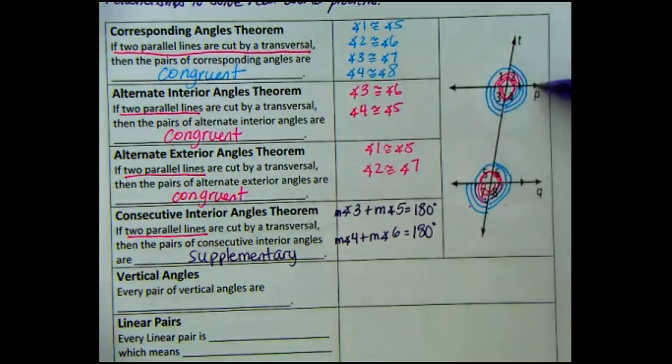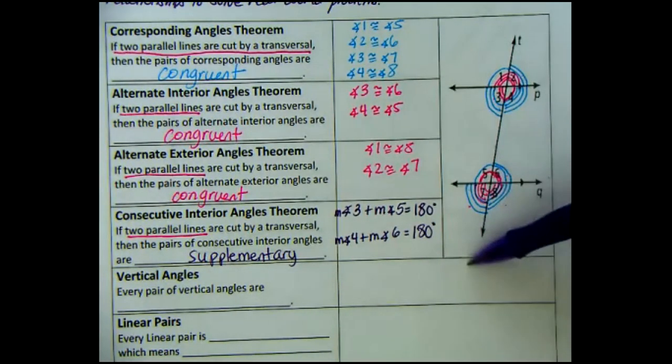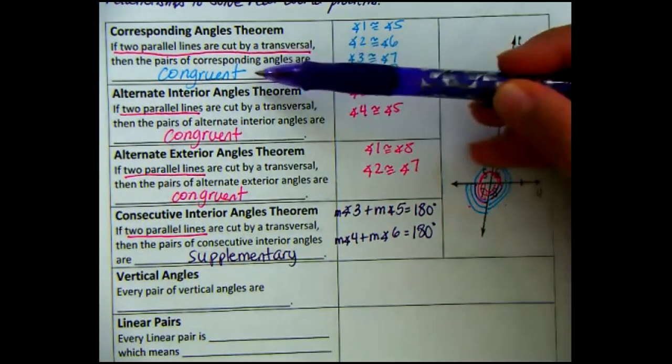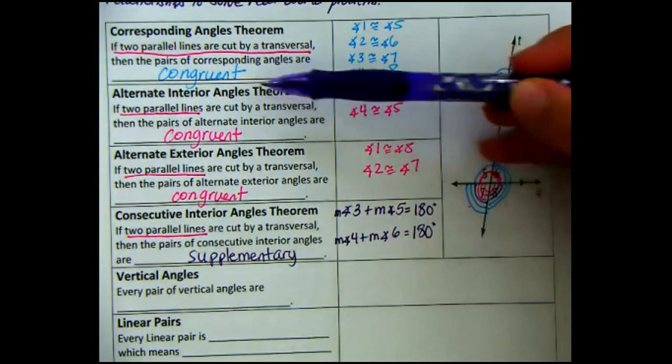Because when you have two parallel lines that are cut by a transversal, knowing that a pair of angles is corresponding angles tells you that they are congruent.